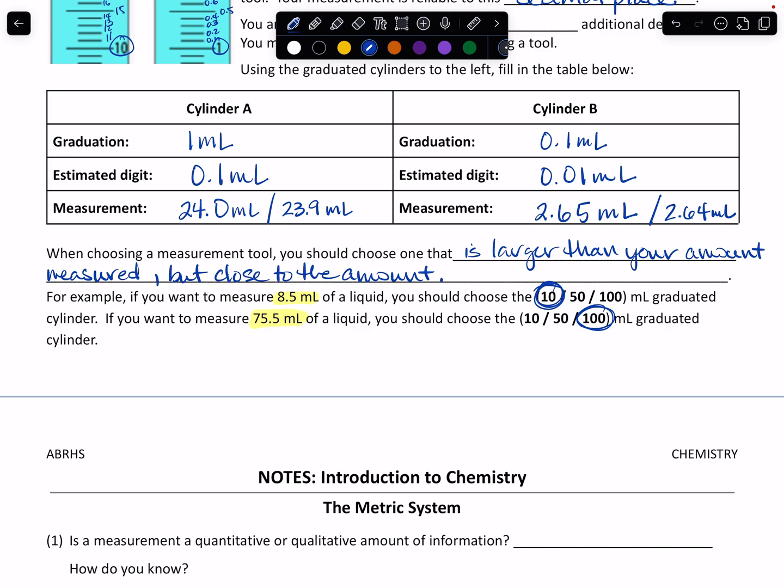If I took this 75.5 and tried to use a much larger graduated cylinder, such as a 1000 milliliter graduated cylinder, this is going to be very uncertain in my measurement. I'm much better off taking that volume and putting into a 100 milliliter graduated cylinder.